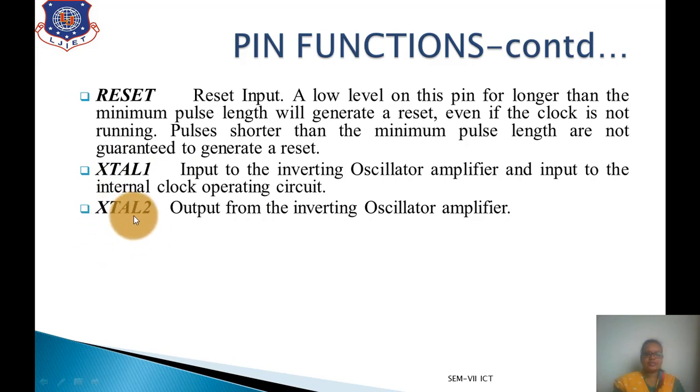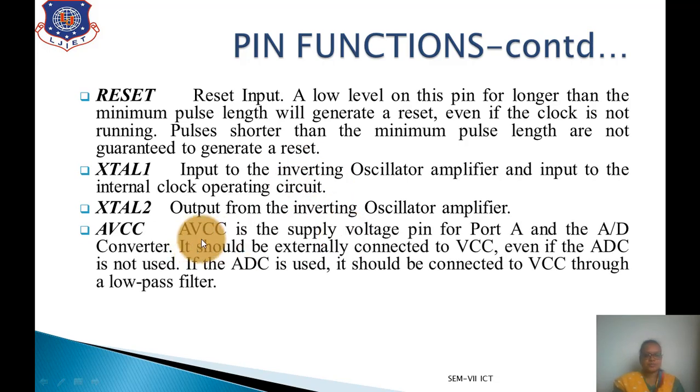And whenever we are giving the clock pulse to the output peripherals, at that time we are using XTAL2, that is output from the inverting oscillator amplifier. Similarly in 8085 there were other pins like clock out for giving the clock cycles to the other peripherals. Here there is no different pin for the clock out. From XTAL1 and XTAL2, input and output will occur.